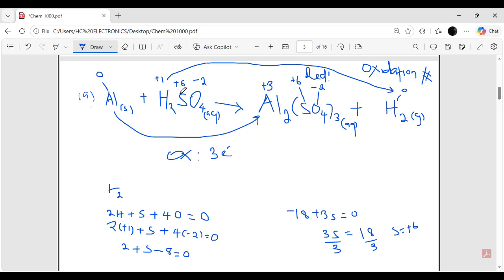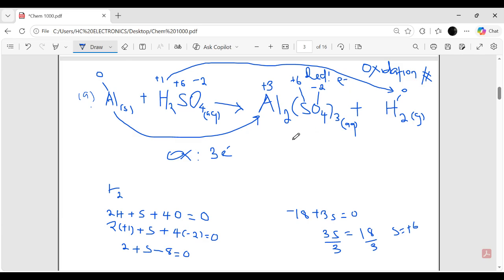Now when you go on reduction, how many electrons have been gained? There it was +1, then it has gone to 0. By how much has the oxidation state reduced? By 1, so it is just 1 electron.